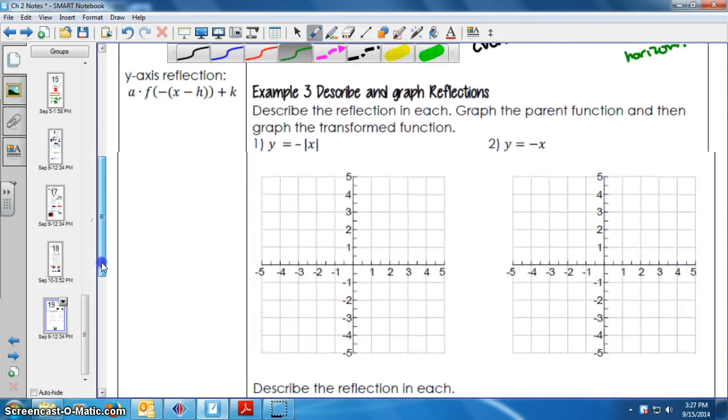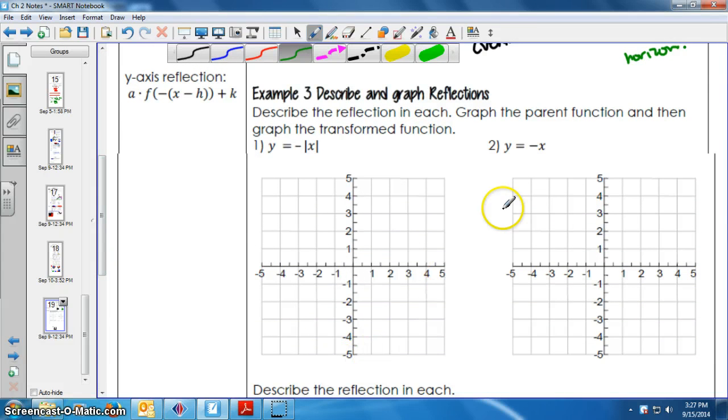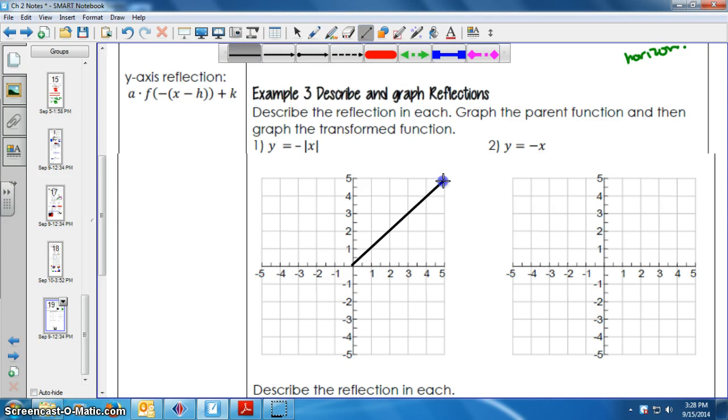So let's take a look at these examples here. And we're going to take a look at our first one, number 1, and we are going to first just graph the original parent function. All right, so since our negative is out front, that's vertical movement, so we're going to be reflecting it over this x-axis and flipping it vertically down.